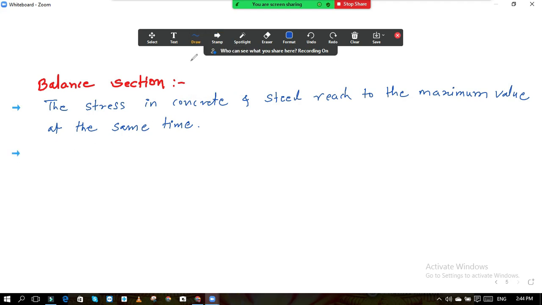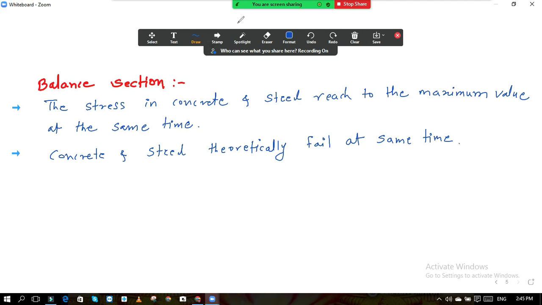Second point: concrete and steel theoretically fail at the same time.